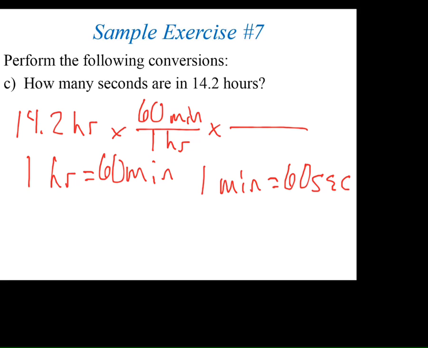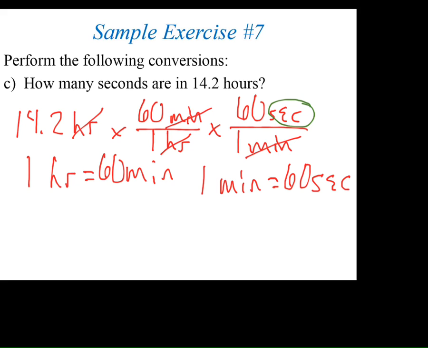Okay, so now you can see I've canceled out hours. I'm left with minutes. So now I got minutes on top, so I need minutes on the bottom to cancel. So I put how many minutes on the bottom? 1 minute again, right? 1 minute on the bottom, and then 60 seconds on the top. So now minutes cancels, and I'm left with what I want, right? I'm left with seconds. Perfect. Okay, well, let's punch that in our calculators too, and then we'll check our sig figs.